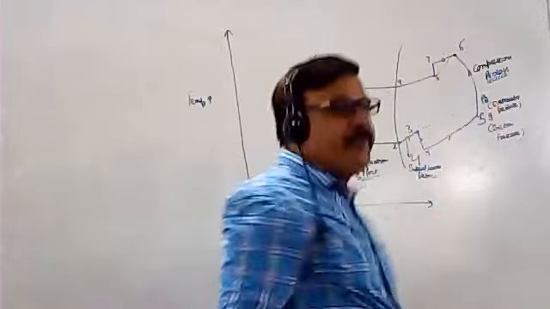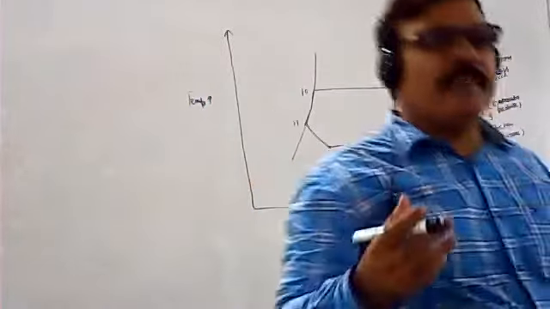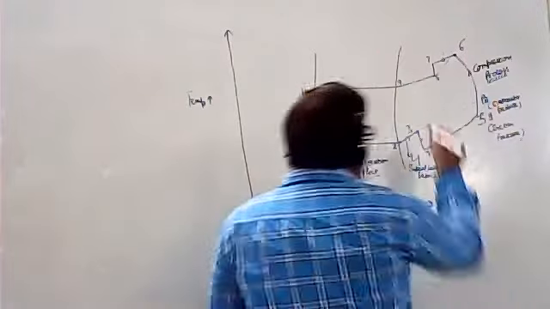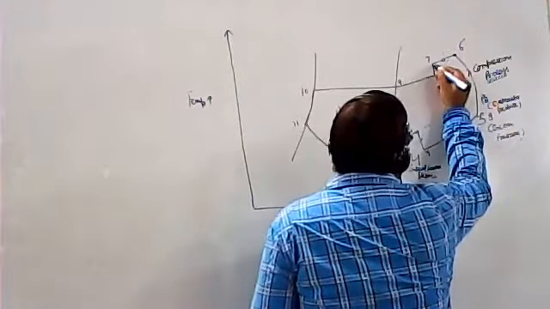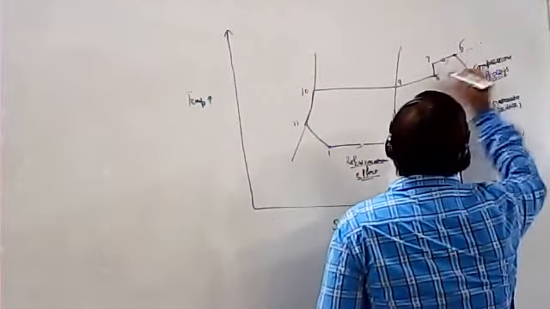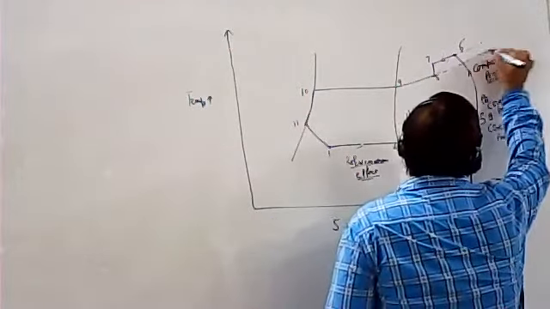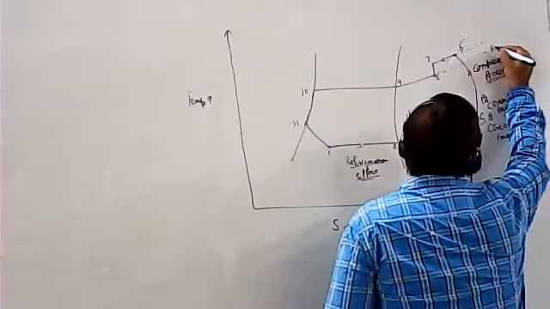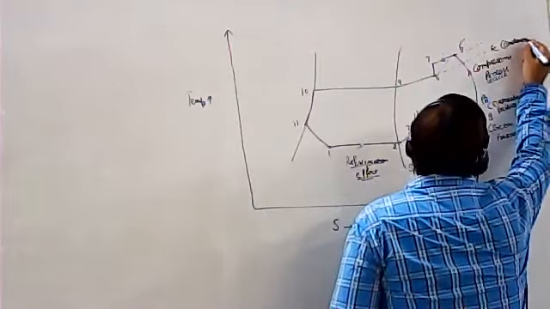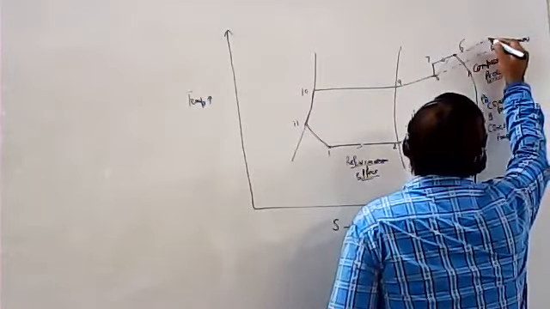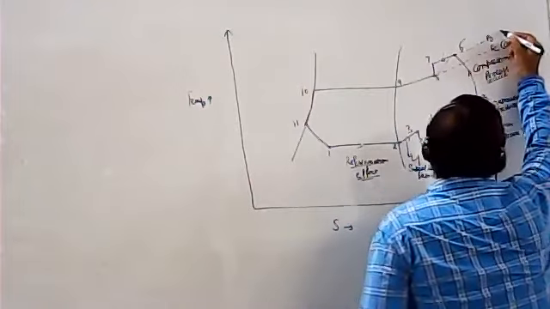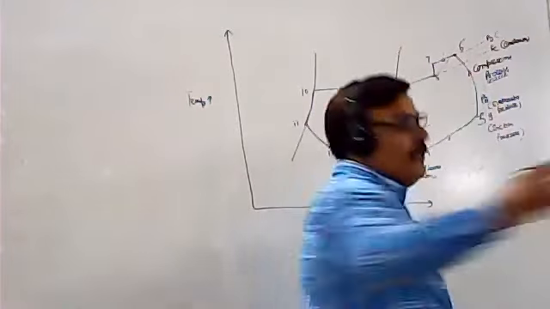After this, when it passes through the exhaust valve to the condenser, again a pressure drop will be there, from 7 to 8. This is the pressure of the condenser, PC, and this is the pressure at the discharge valve, PD.